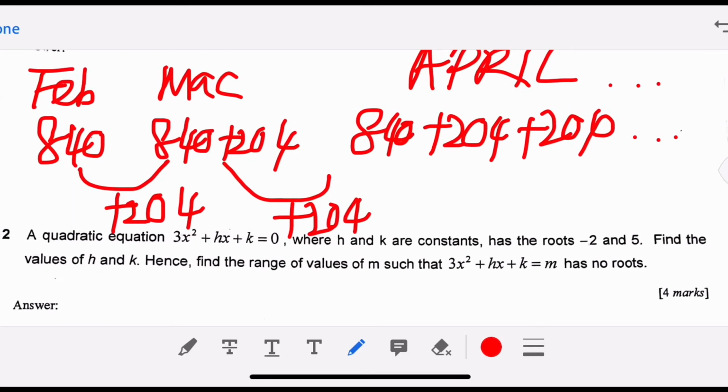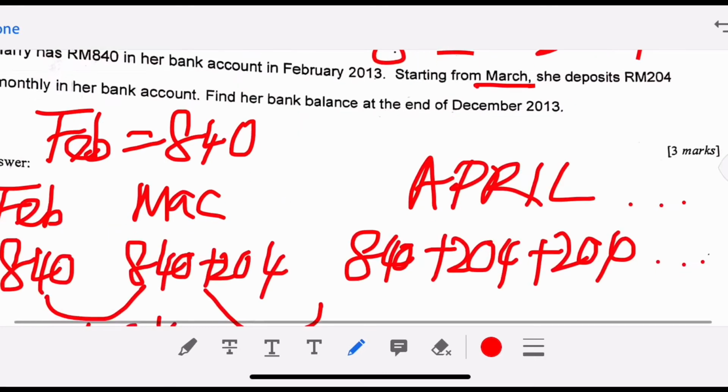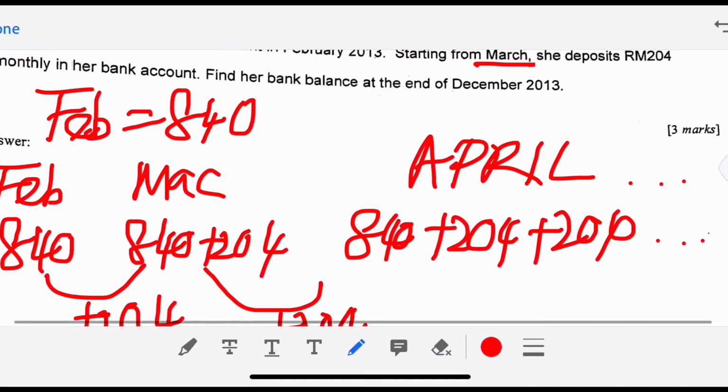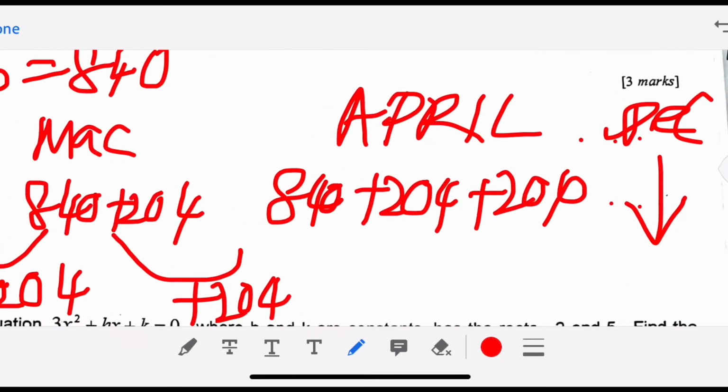So try to count now. You have February, March, April, May, June, July, August, right? After August, September, October, November, and then December. So the end is how many months? You need to be very careful, because this is involving money, so we need to count carefully.